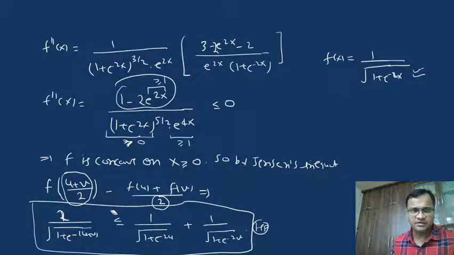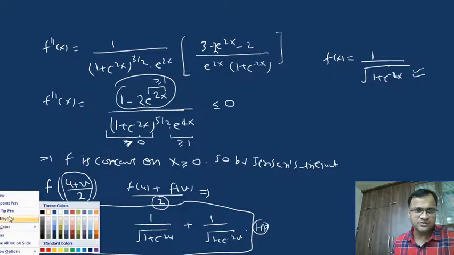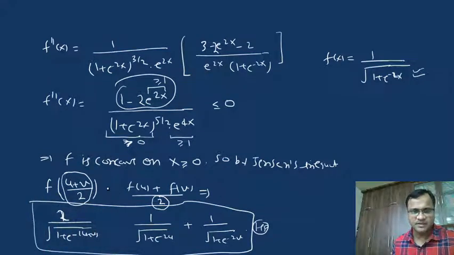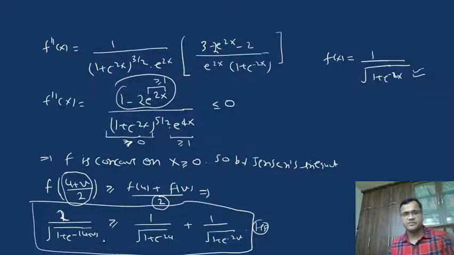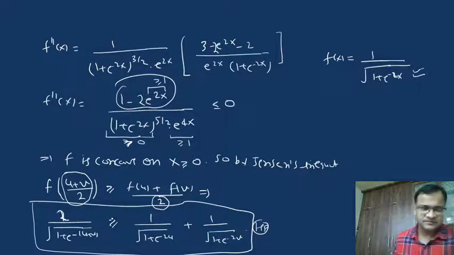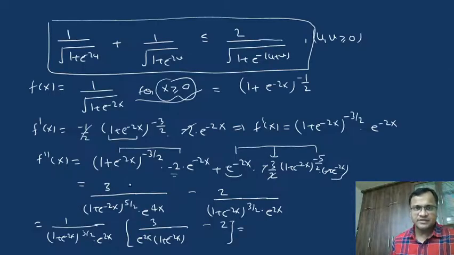The function is concave, therefore the sense of inequality must be greater than or equal to here. Pardon me. Because the function is concave, therefore the curve lies above the chord. Okay, f of (a plus b) upon 2, you can check that. We have to prove this one. This is actually the upper bound.